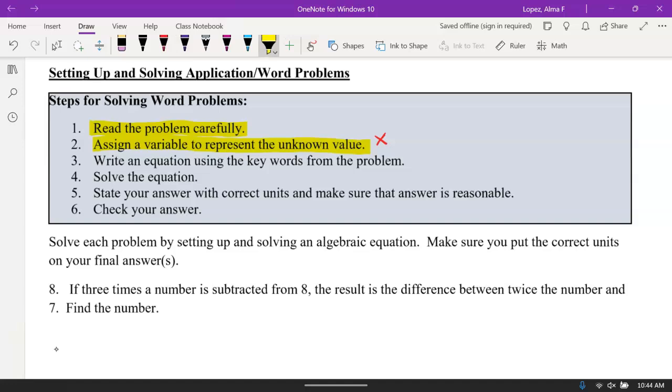Then write an equation using the keywords from the problem and then solve. State the answer with correct units and make sure that your answer is reasonable. So if you're finding feet, or if you're doing a word problem where you're finding gallons of something, you do want to use those units. And then finally, always with any equation, you can check your answer.